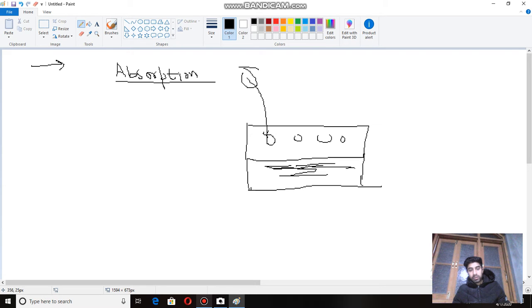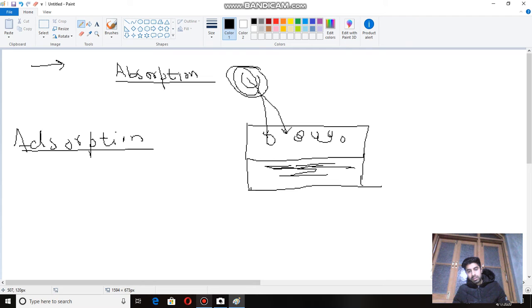See how this happens. First it was adsorption. In adsorption, this foreign particle just adheres to this surface and forms a layer over there.